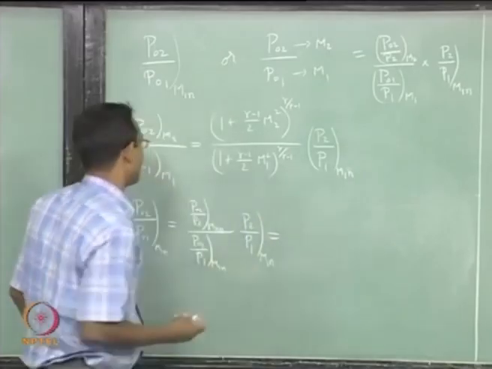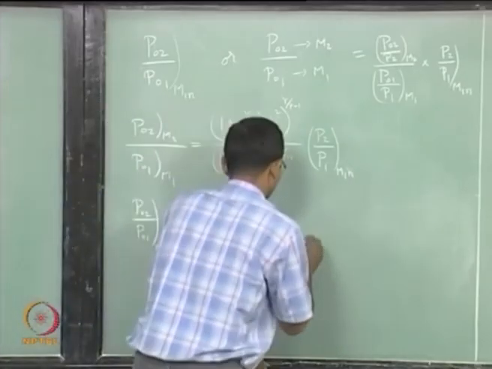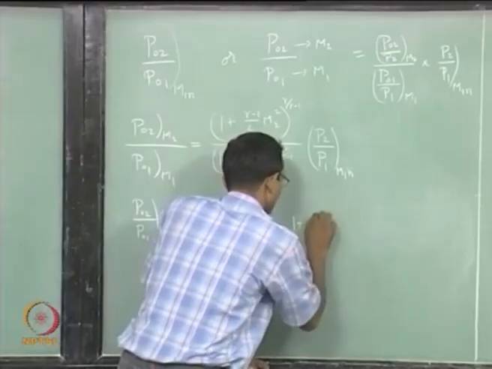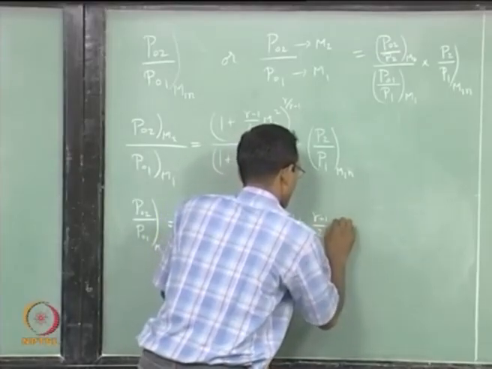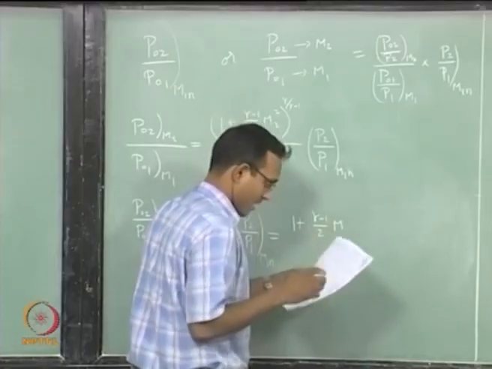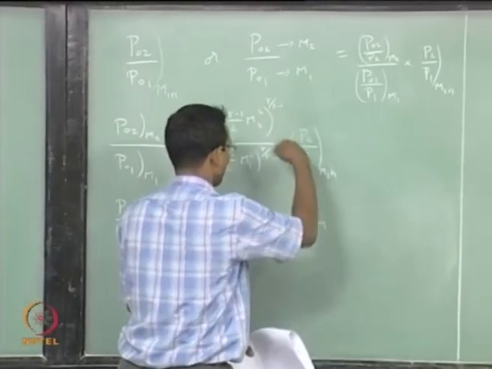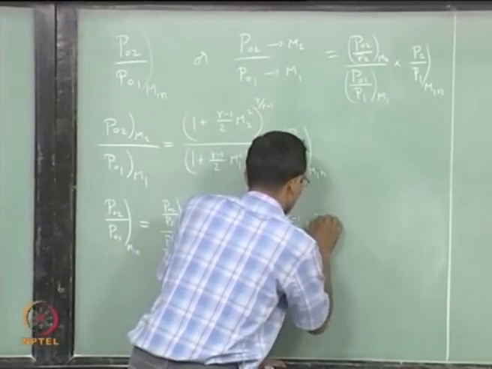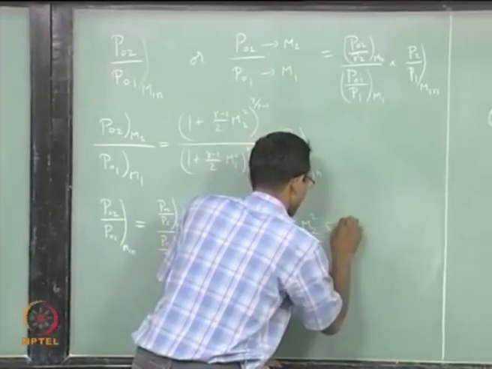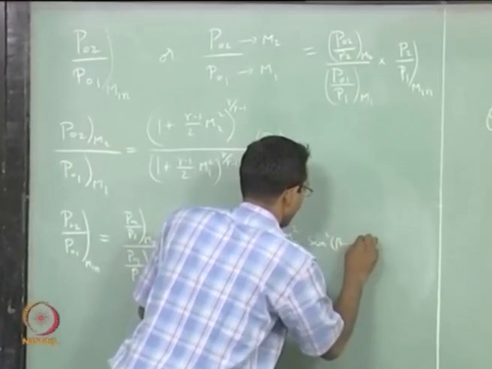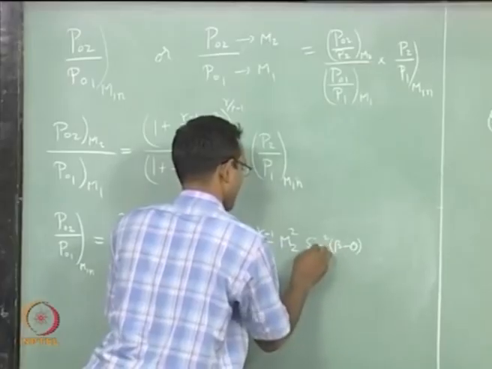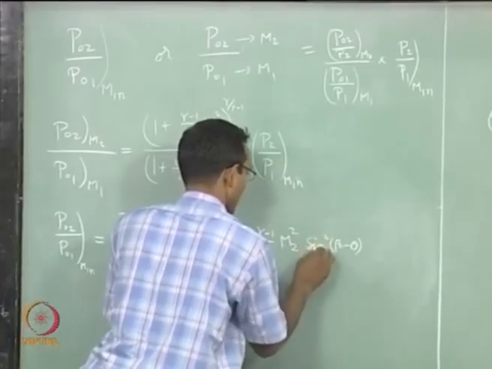If I look at this expression, it is going to look slightly different. I will write it in terms of that M2 so that I can compare the expression. M2 square sine square of beta minus theta. We did this M2 to M2 normal last time.